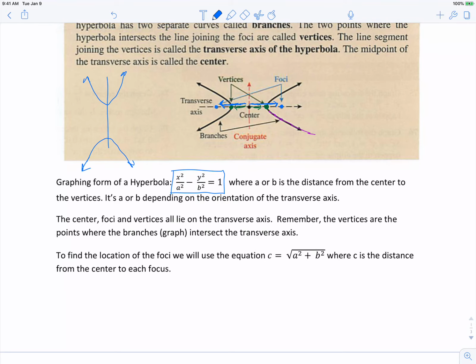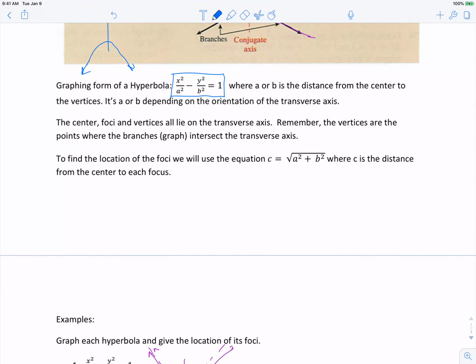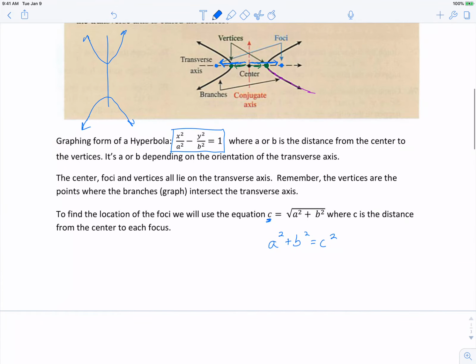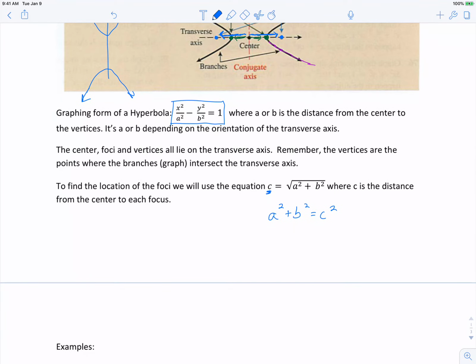Okay, and so we'll talk about when we know which one's which. Remember, we have this equation that's a little bit different than the one for an ellipse. It's stemming from the Pythagorean theorem. Again, I can show you where it comes from if any of you are interested. But this distance is the distance from the center out to the foci.